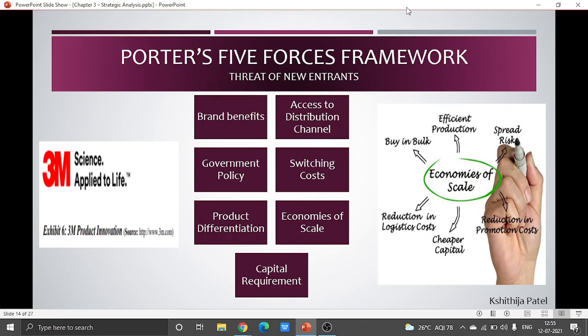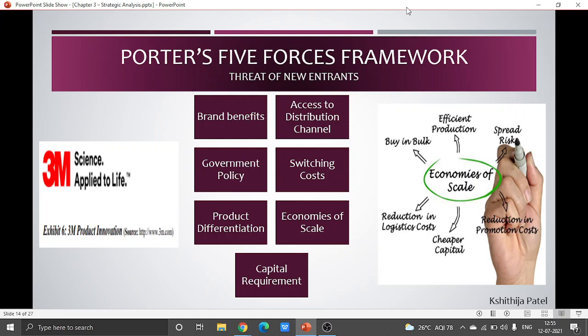The second one is access to distribution channel. Most existing companies, especially in the FMCG or fast moving consumer goods and automobile industry, are found to have a strong distribution channel, which is very difficult for a new entrant to penetrate. We can take Lay's potato chips by PepsiCo India.